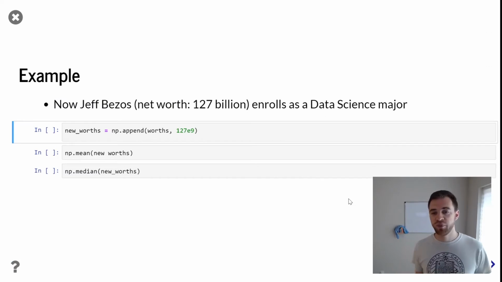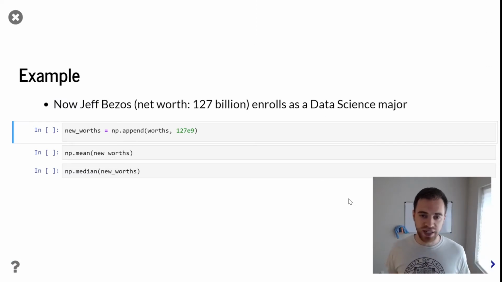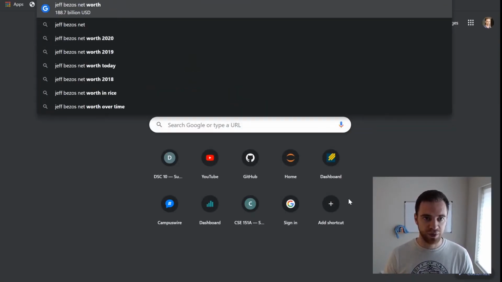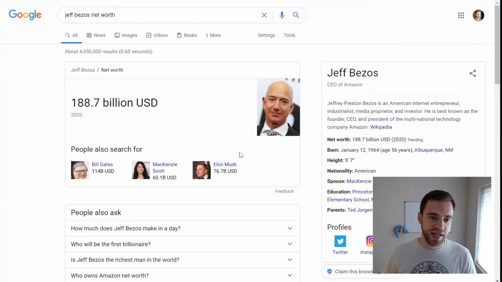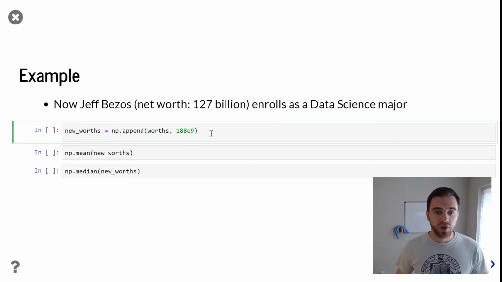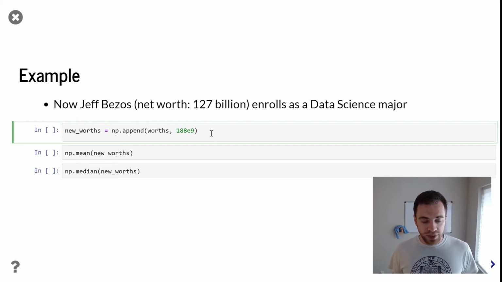Now suppose Jeff Bezos decides to enroll as a data science major, and I think this is old data, so let's see, Jeff Bezos' net worth, $188 billion. Let's change this to 188 billion.